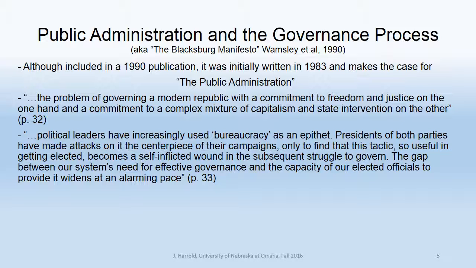And they go on to say that what political leaders have done is that they have increasingly used the word bureaucracy as an epithet. Presidents of both parties have made attacks on it, that is, the public administration, as the centerpiece of their campaigns, then later only to find that this tactic, useful in getting elected, becomes a self-inflicted wound in the subsequent struggle to govern.